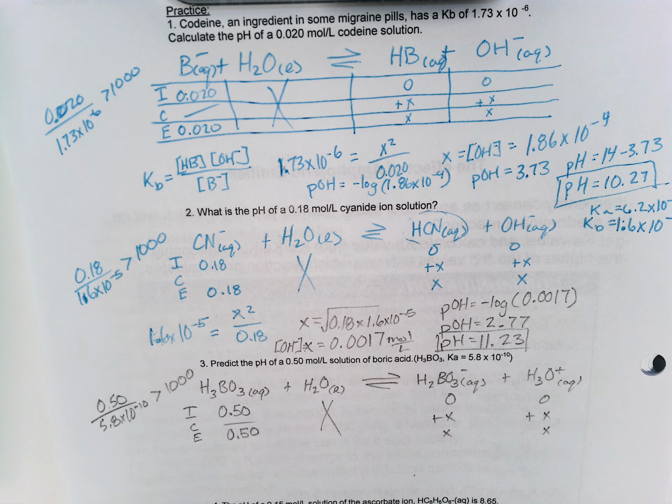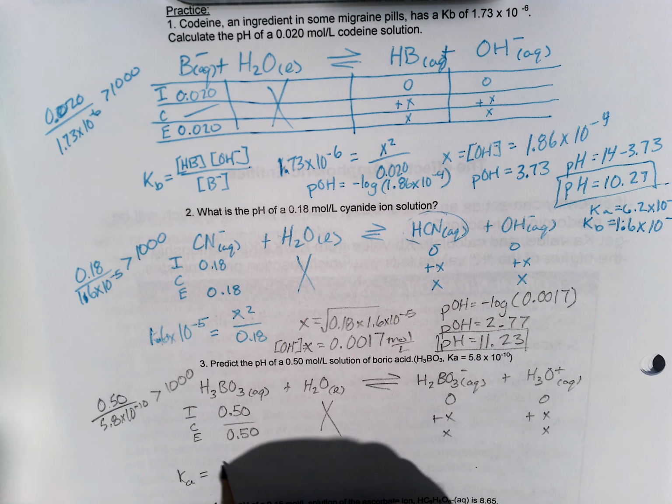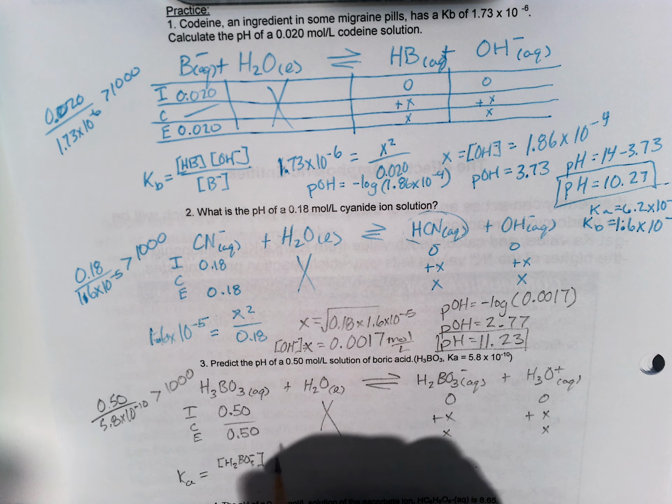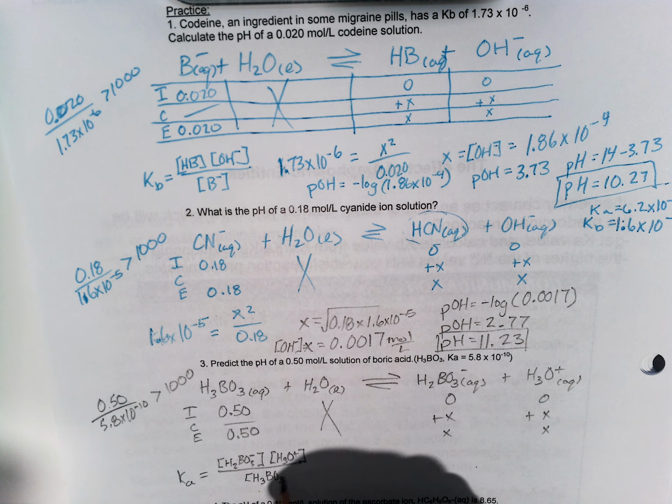Okay. Put our numbers. So now we have our Ka already. So I guess we'll write out the formula. So Ka equals concentration of our conjugate base times hydronium divided by our boric acid concentration. Okay, put our numbers in.